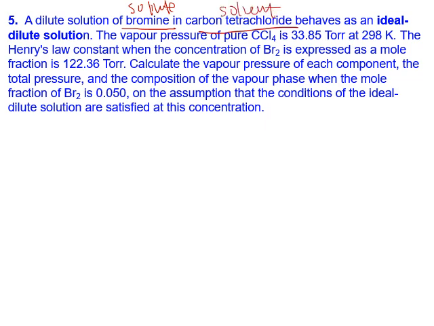Solvent is the major component of the solution. Solute is the minor component of the solution. Now, the ideal dilute solution refers to a solution where the solvent obeys Raoult's law and the solute obeys Henry's law.